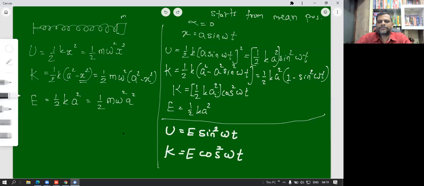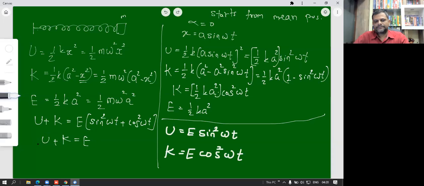And if by chance we add these two up, then if we add U and K, what will it become? Look, U plus K will become actually, now what is the value of U? Look, this whole is the value of U, and if we add this to the value of K, we will get E common. So if you take E common then we can get this sin square omega t plus cos square omega t left inside the bracket, which happens to be 1, and hence we can prove that U plus K becomes actually E, which is as expected.